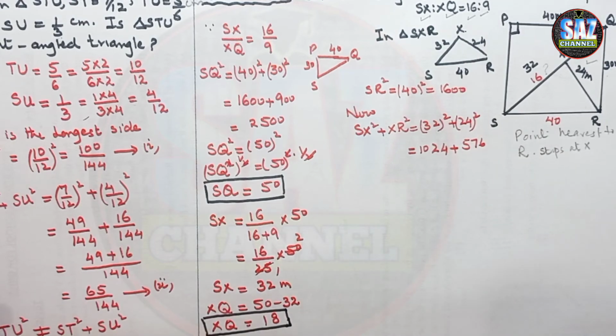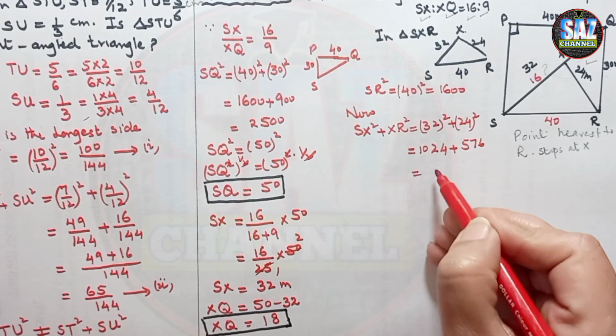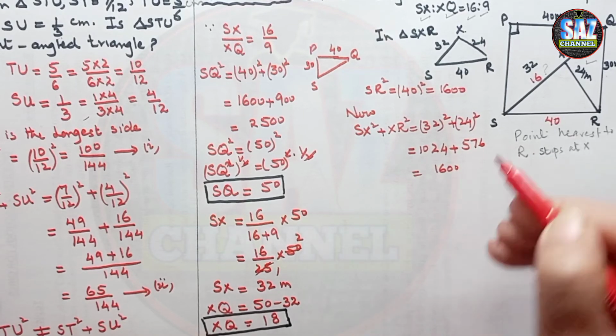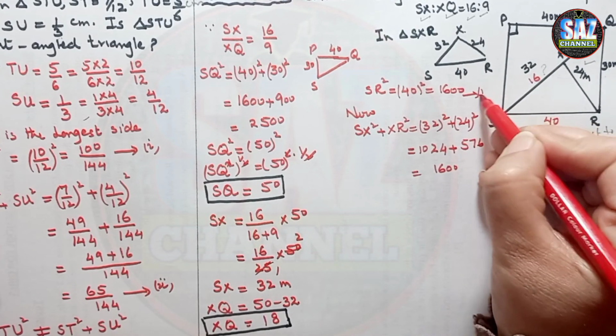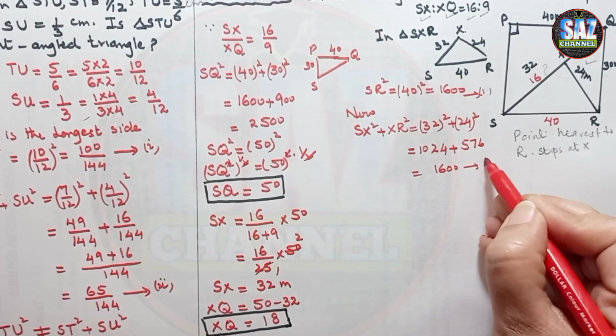Okay, and add them up. 576 plus 1024 is 1600. Now let me mark it 1 and let me mark it 2.